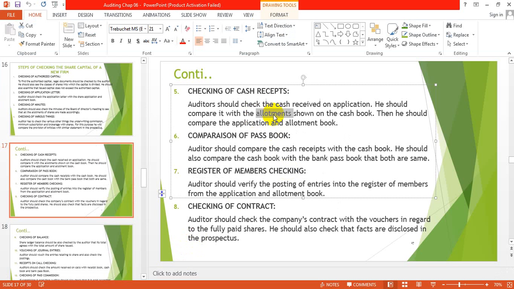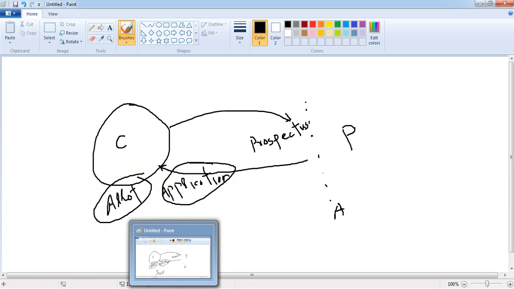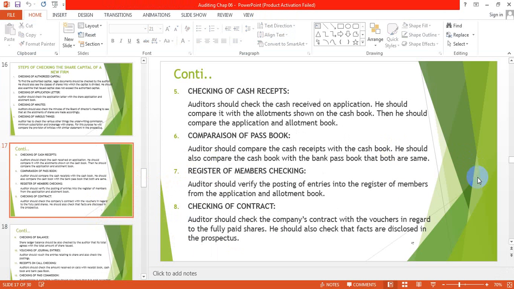Here we are comparing the allotments and the cash book. Then he should compare the application and allotment book, to make sure that he gave an application and shares are allotted to this person.